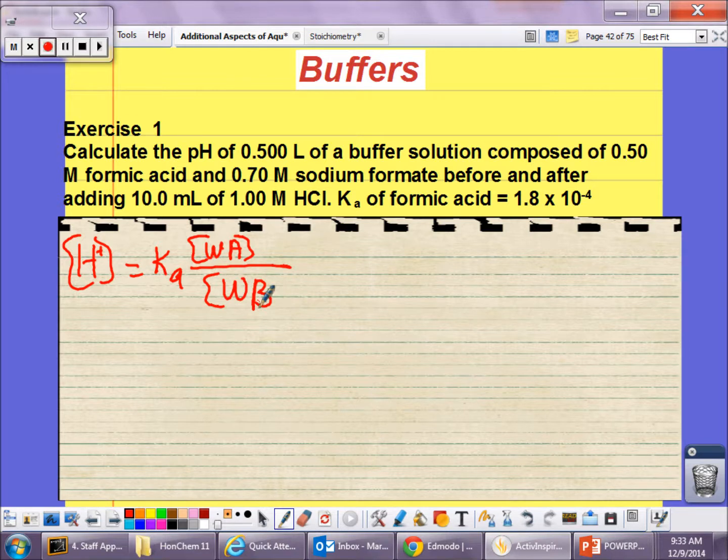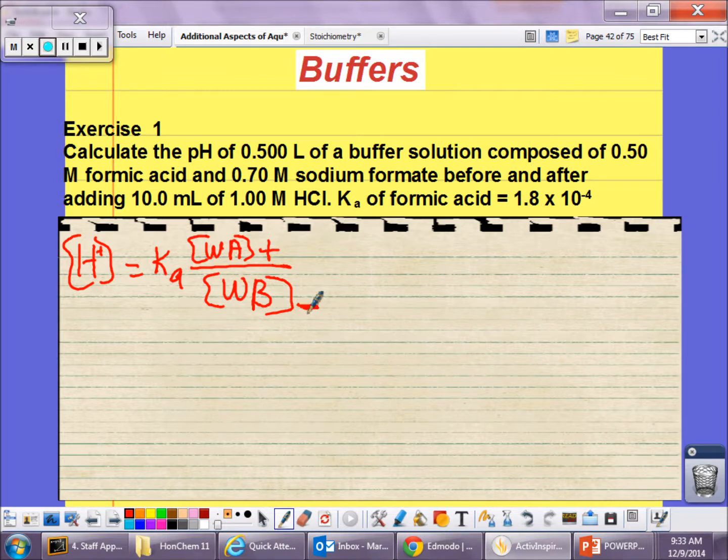But the problem is, they add a strong acid to it. When they come and add to your buffer, this is what you do. If they add an acid, I'm going to put plus. I'm going to put my acid here, and I'm going to take away that same amount of acid from the base.